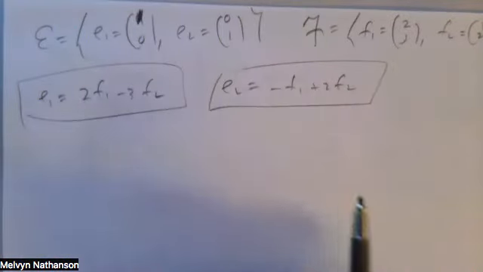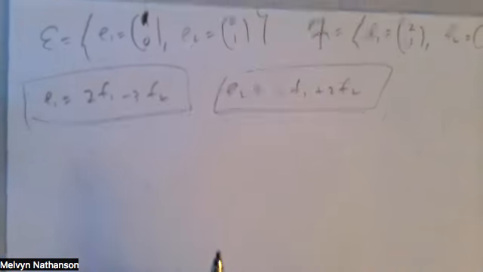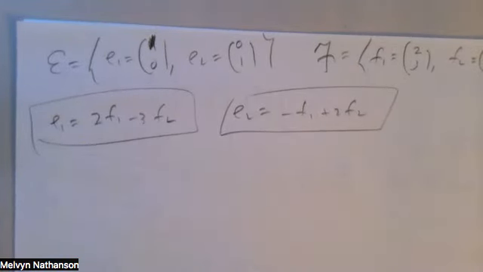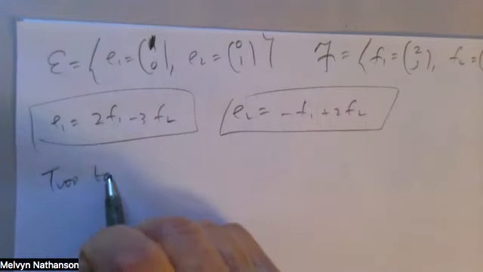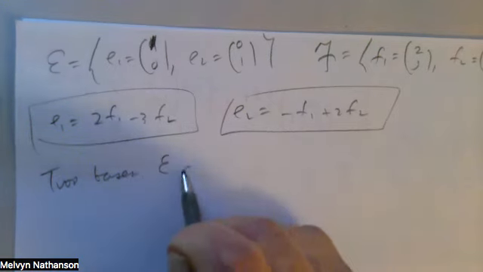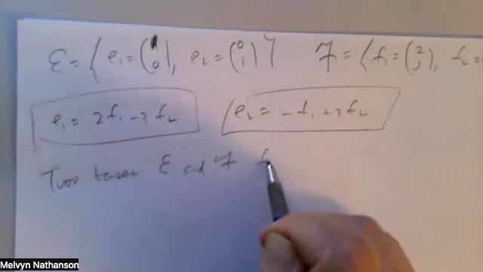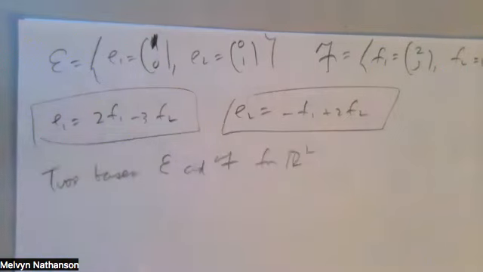So we might want to keep that in mind for future use. Now, we have two different bases, E and F, for R2.